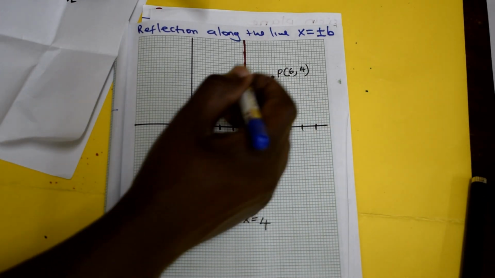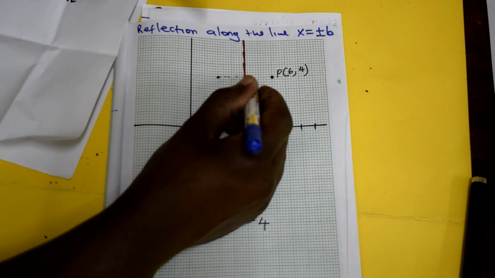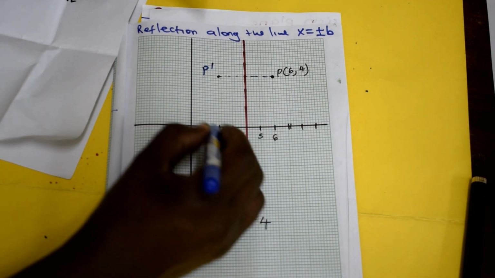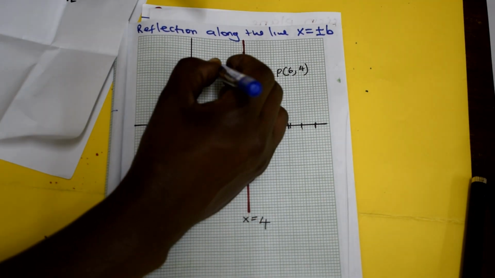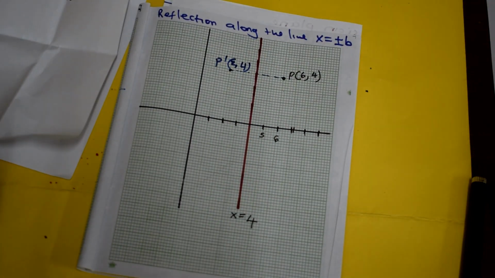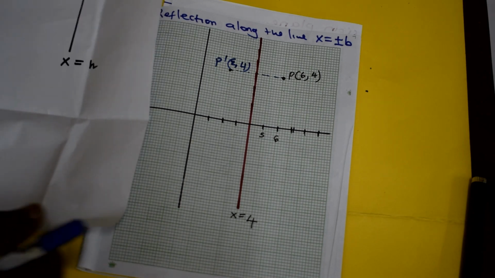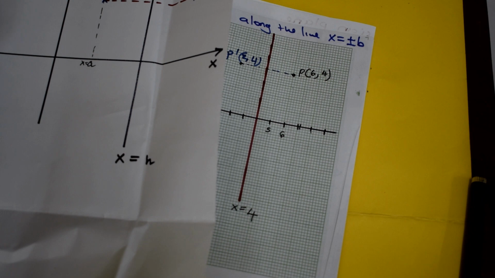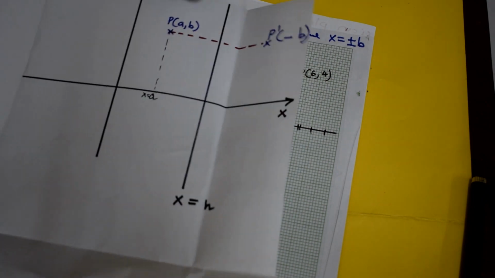So this line will come straight to this part, and this P prime will be (2, 4). So we want to see whether we can have a calculation for the same, and then come up with a conclusion for any other line that is parallel to the y-axis.